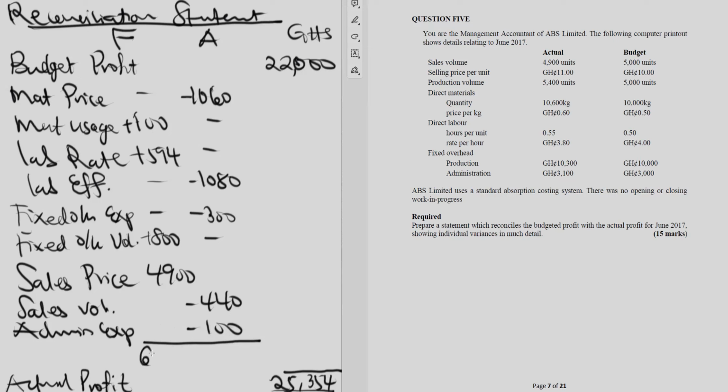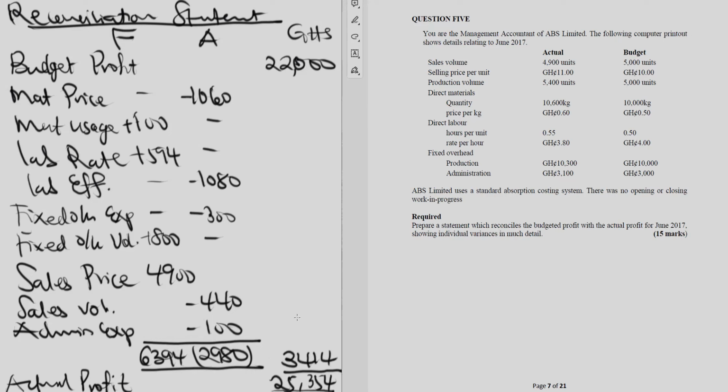That gives us 6,394. This one gives us 1,060 plus 1,080 plus 300 plus 440 plus 100, which is 2,980 adverse.